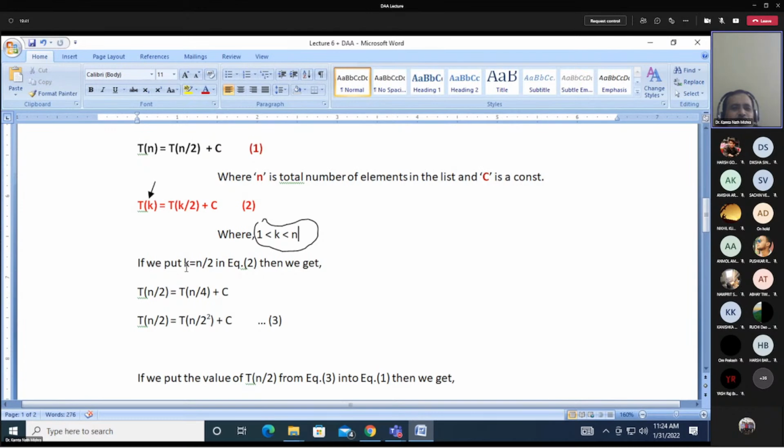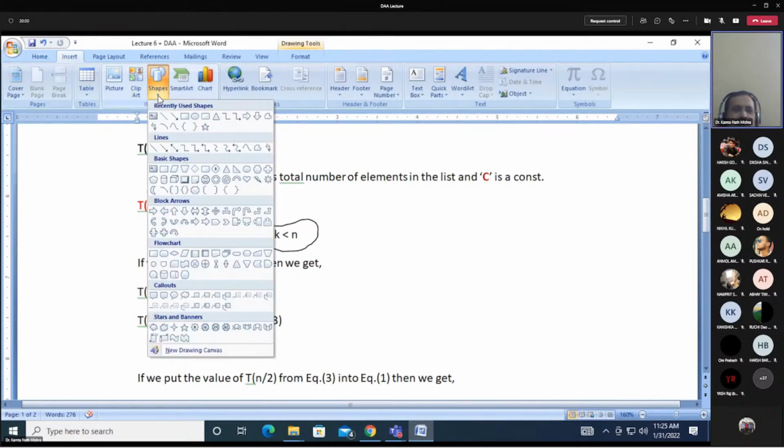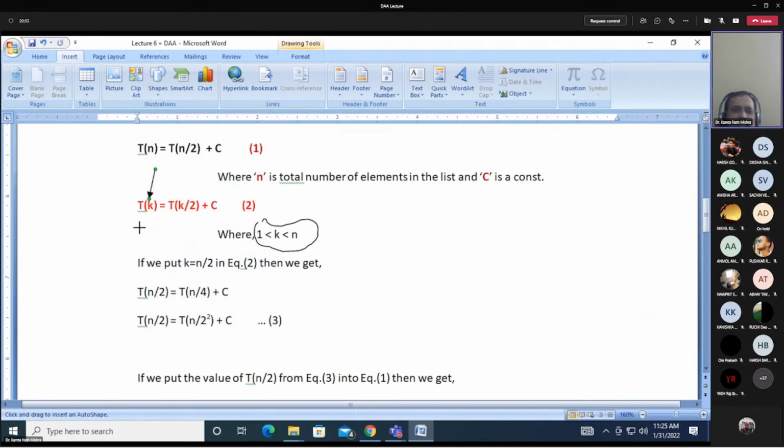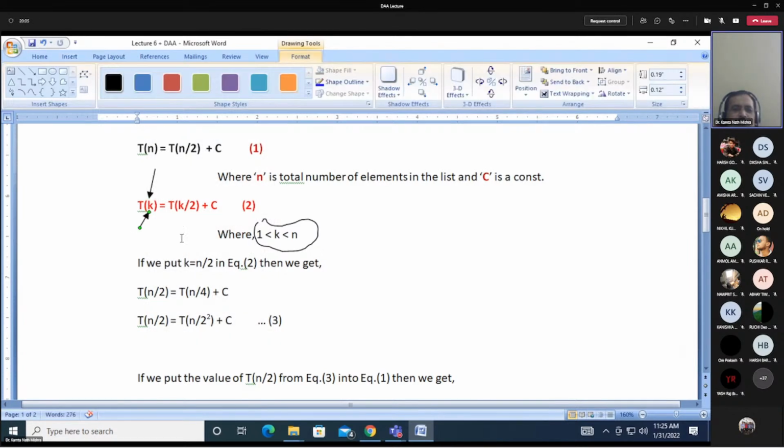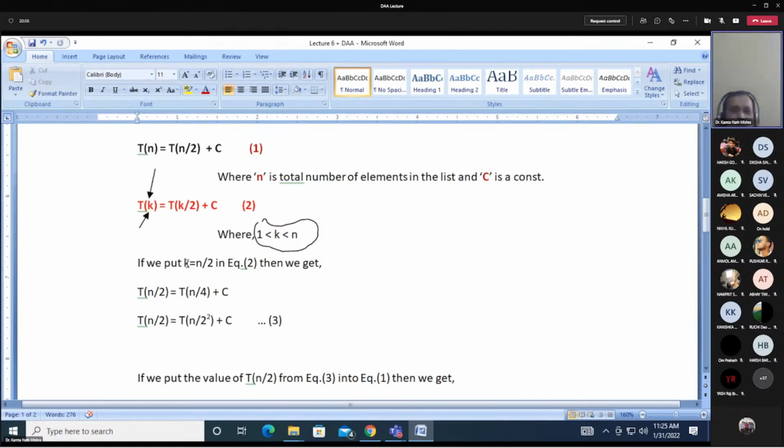Now in equation 2, your equation 2 is T(k) equals T(k/2) plus C. This is k, remember, this is k. In equation 2, if we put k equals n by 2, wherever k is written in equation 2, you replace the value of k by n by 2.